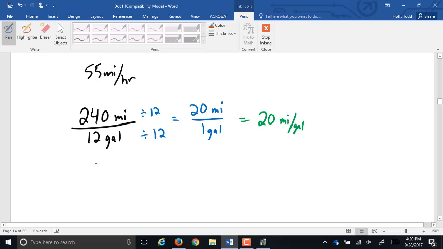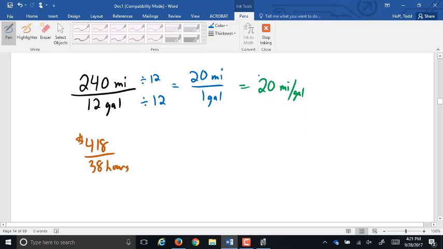One that you're probably more familiar with. Let's say at your work, you're getting paid $418 in 38 hours of work. So again, we're going to reduce that down. What are we going to divide each of those by?